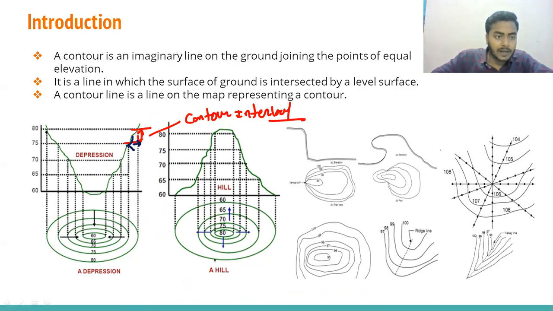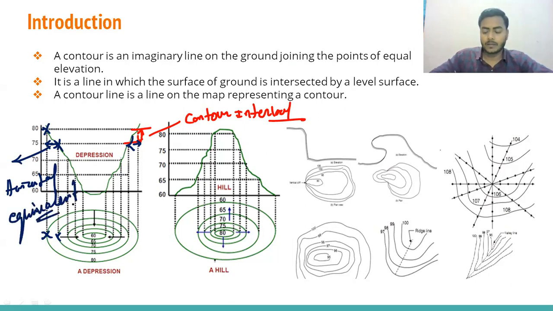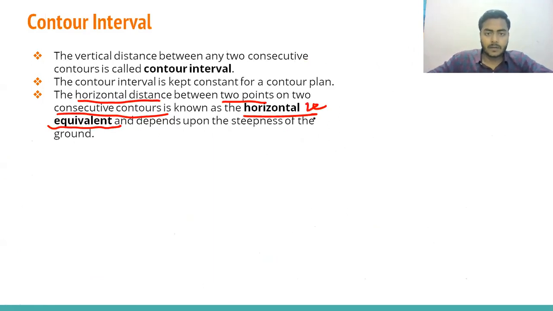One contour line is here, one contour line is here, so the horizontal distance between these two lines is called the horizontal equivalent.